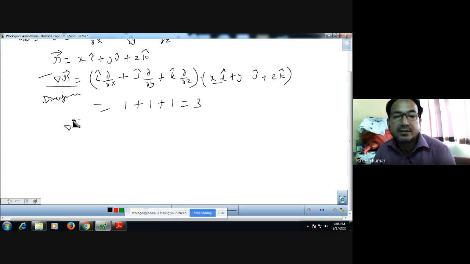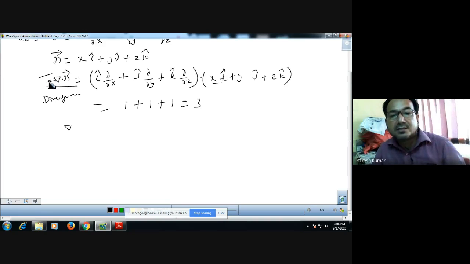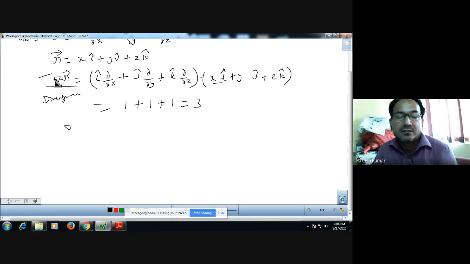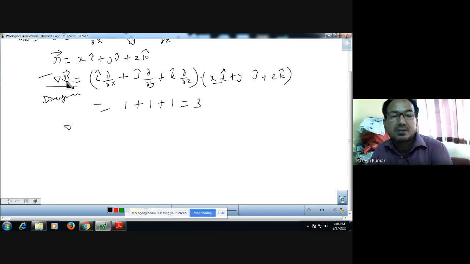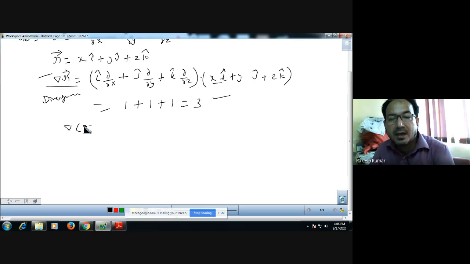This is the difference. In the case of divergence, we always find out the del of a vector quantity, and divergence of a vector quantity is always a scalar, but gradient is of a scalar quantity. The scalar quantity may be any function.